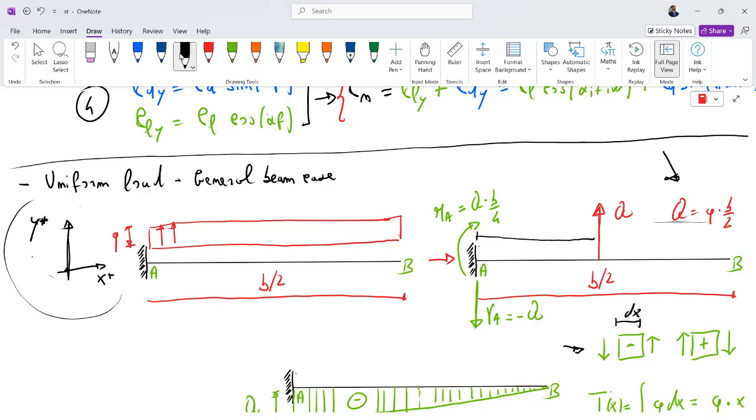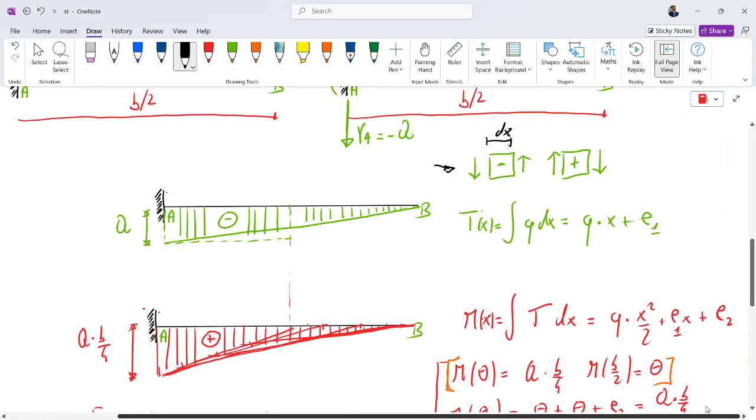This is the important convention for the general beam case. The direction represented from y plus is positive for all the forces directed as y plus. Instead, the direction represented from x plus is the positive direction for all the forces that follow this direction. So q is directed as y plus, so q is positive in this convention.